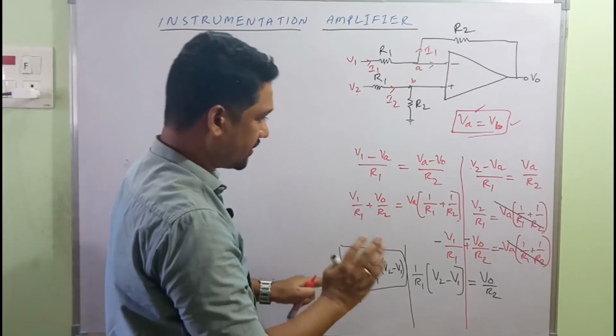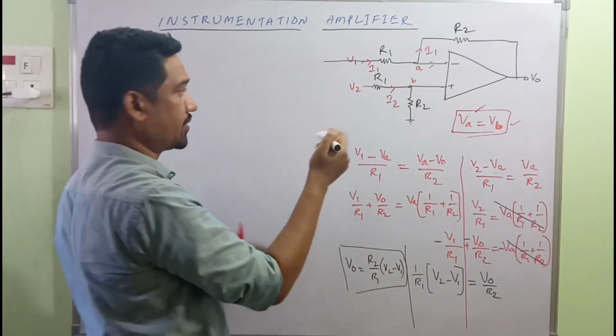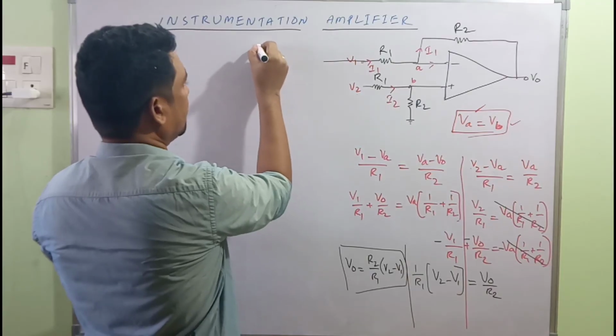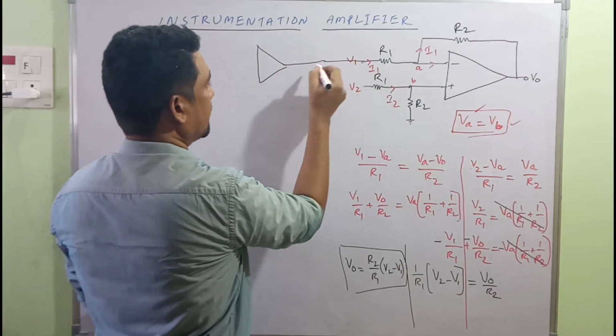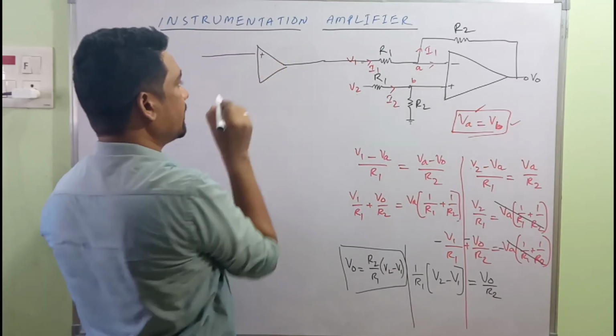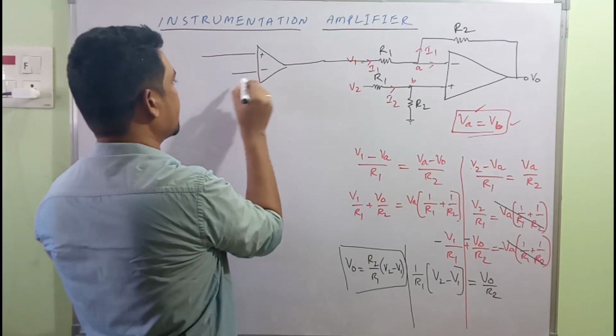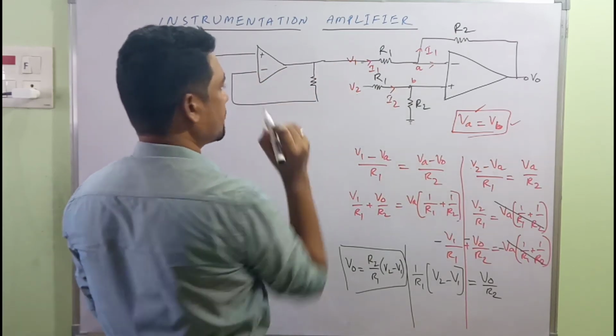Here we are talking about something else, right? The instrumentation amplifier, a small extension to the circuit. Let's have another operational amplifier like this, and the output is directly connected to that one. Here we have a non-inverting and an inverting terminal, connected like this.